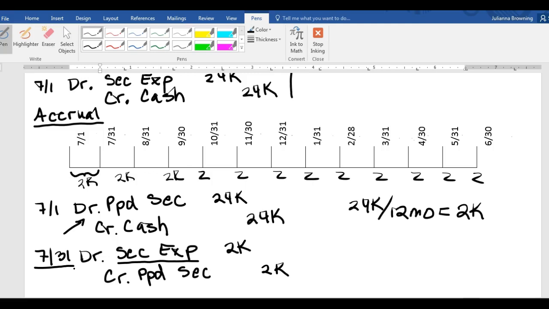So by that we mean that, no, the security didn't generate the revenue, but the security had an indirect benefit to help the company earn the revenue. So by having security, the employees feel safe. By having security, the business location is safe. The assets are safe.